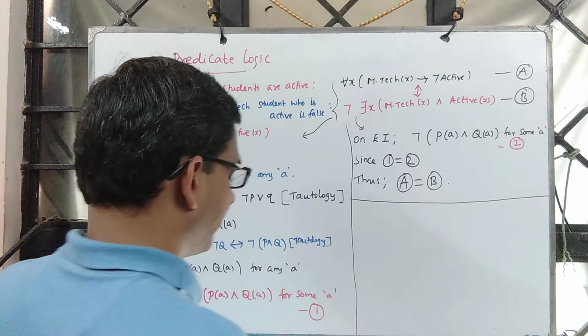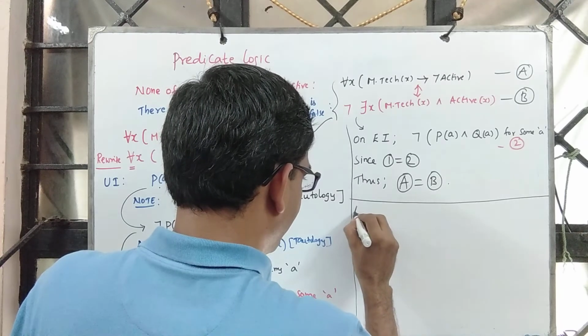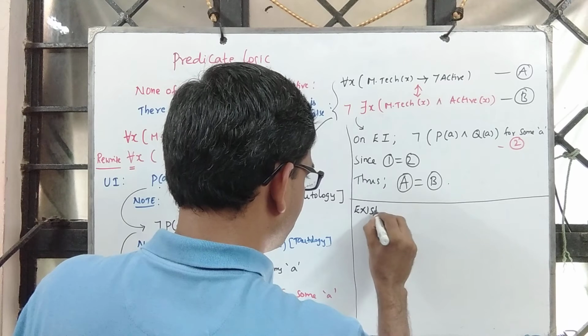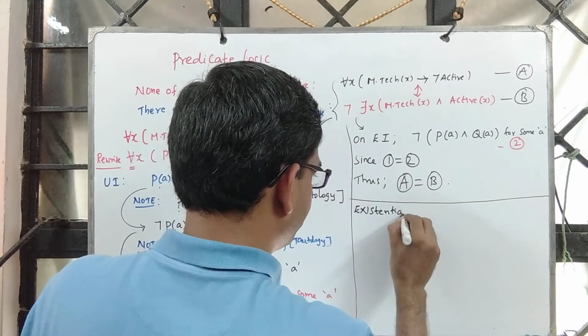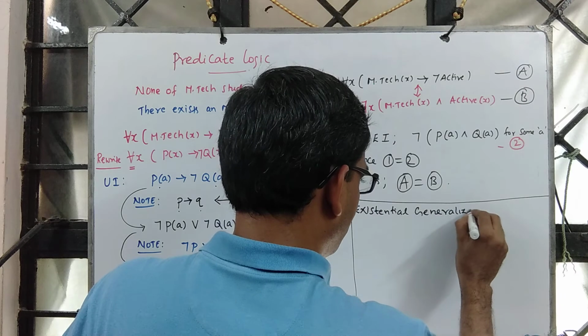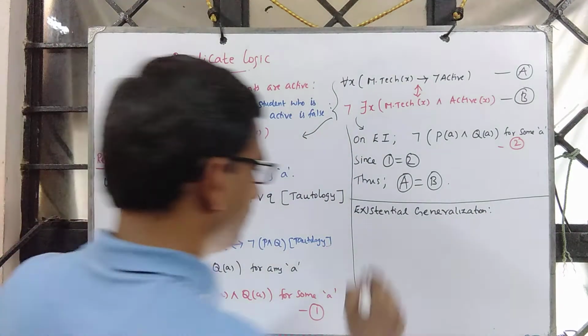One can also do it like this. We do something called existential generalization. You move from proposition to the predicate.